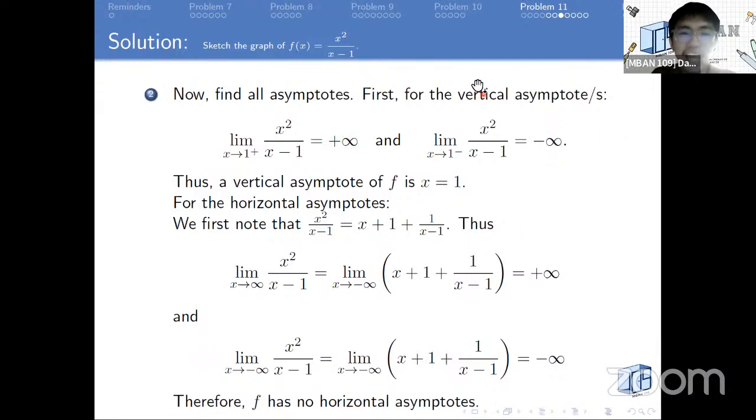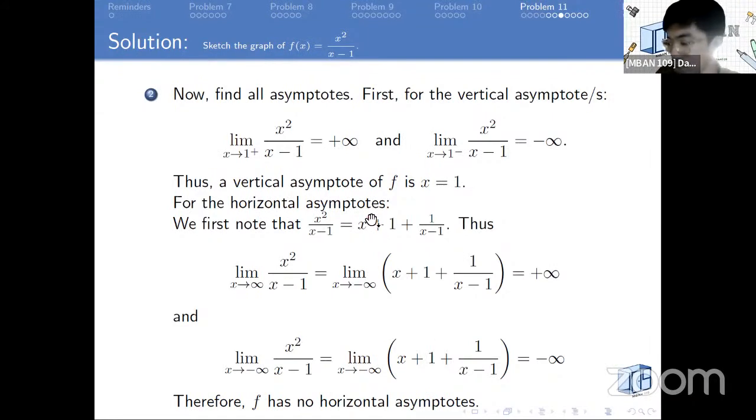So ayun, kailangan alam niyo na kung bakit ganun yung limit. Kung gusto nyong i-exercise kung bakit, sige lang. So thus the vertical asymptote of f is x equals 1. So dahil infinity at negative infinity yung dalawang limit, meron tayong asymptote sa x equals 1.